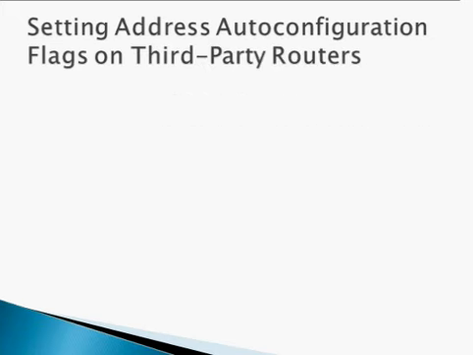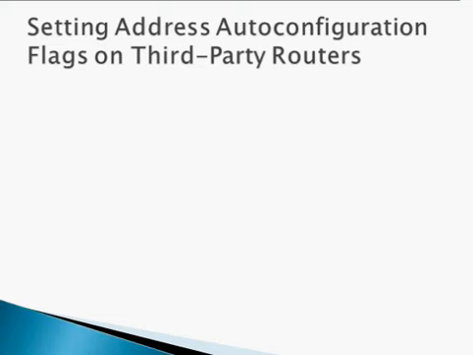Okay, so what about third-party routers? I mentioned the previous one just because if you're playing around in the IPv6 test lab, for example, you'll have some experience with these options. But in the real world, on the real network, chances are you're using an enterprise router, a Cisco, F5 Networks, Juniper, whatever.